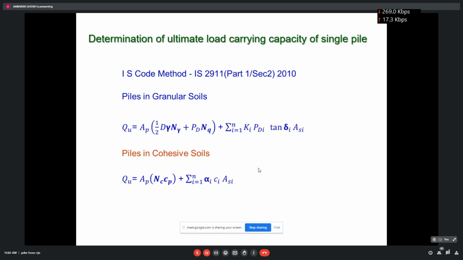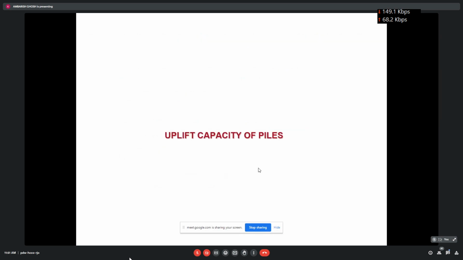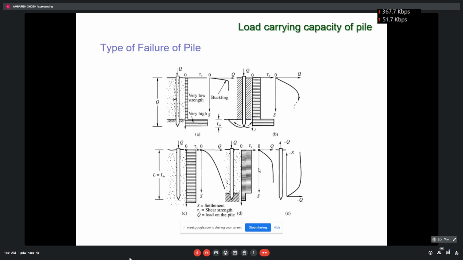This part I think we have covered in the earlier classes. For single pile, load carrying capacity under tension and compression we have completed. Uplift capacity also we have completed. Sir, the type of pile failure is not mentioned. Which part? Type of pile failure is not completed. This you can see in any book, it is there.